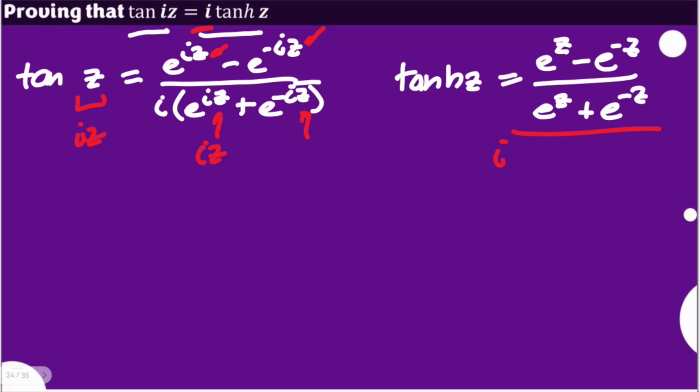So allow me to start with the proof using our left hand side, the tangent of iz. Again, we're going to change the angle here, which includes all the z's, into iz.